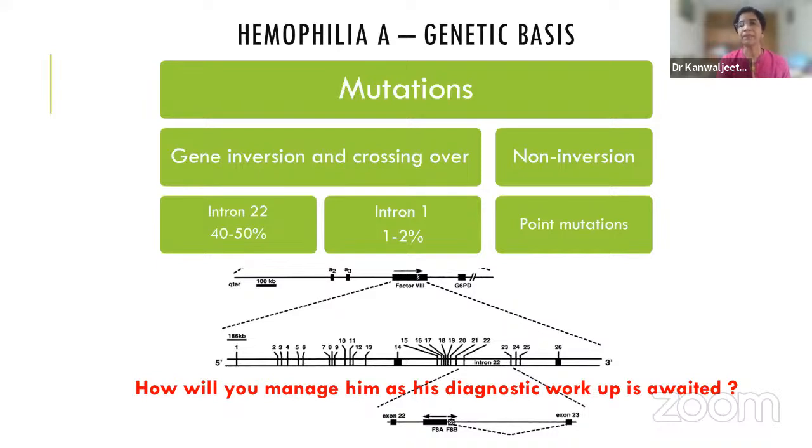If both tests are negative, then we look for point mutations. If point mutations are also not there, then we look for large gene rearrangements, and that is done by MLPA. But when we do mutation testing, we should counsel the family that in approximately 1% of cases we may not actually find any genetic defect, and new defects are being recognized over time.